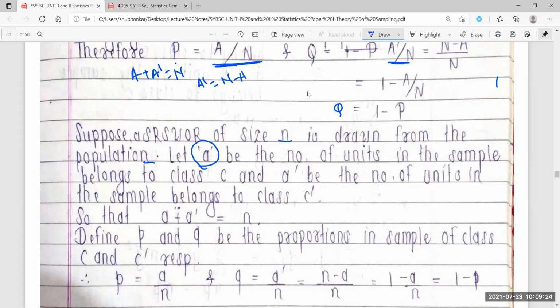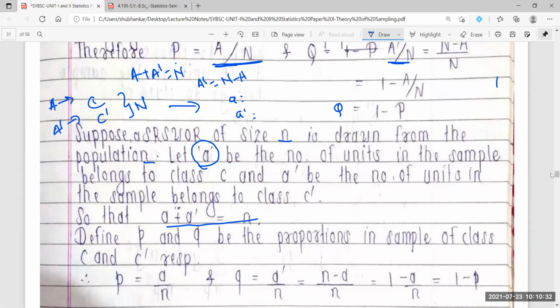Now capital A was the number of units belonging to class C, and capital A complement was the number of units belonging to class C complement. Okay, and total number of units in the population are capital N. So in the case of the sample without replacement, I think we have to re-abbreviate the notations: small a is the number of units of the sample belonging to class C, and small a complement is the number of units of the sample belonging to class C complement. So a plus a complement is equal to small n.